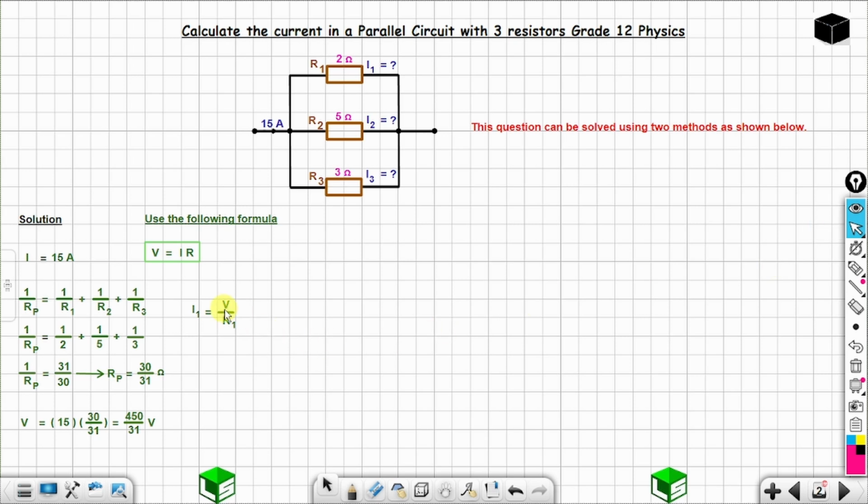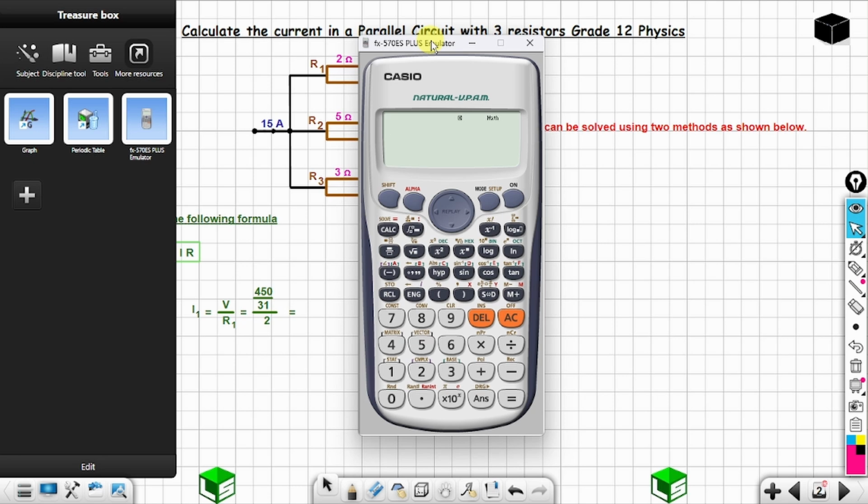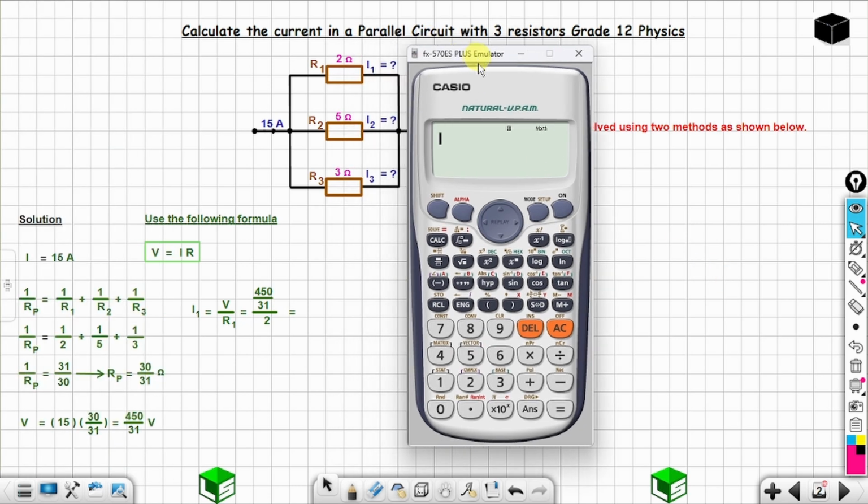I1 is equal to the voltage over R1, where R1 is equal to 2. You can use your calculator and divide by 2.